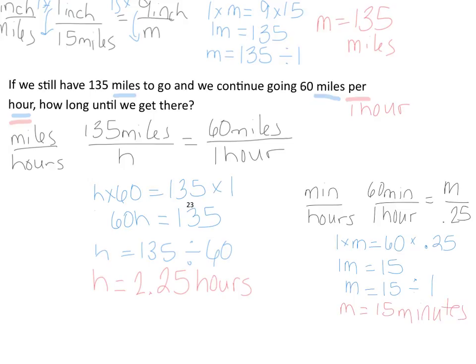So if we wanted to convert h, we could say that it would be 2 hours and 15 minutes. The problem didn't ask us to do this. A lot of times the problem will say in hours, how long until you get there, in which case the decimal answer would be fine. But if you ever want to know how to convert, or you're ever asked to convert it to hours and minutes, that's how you solve it.